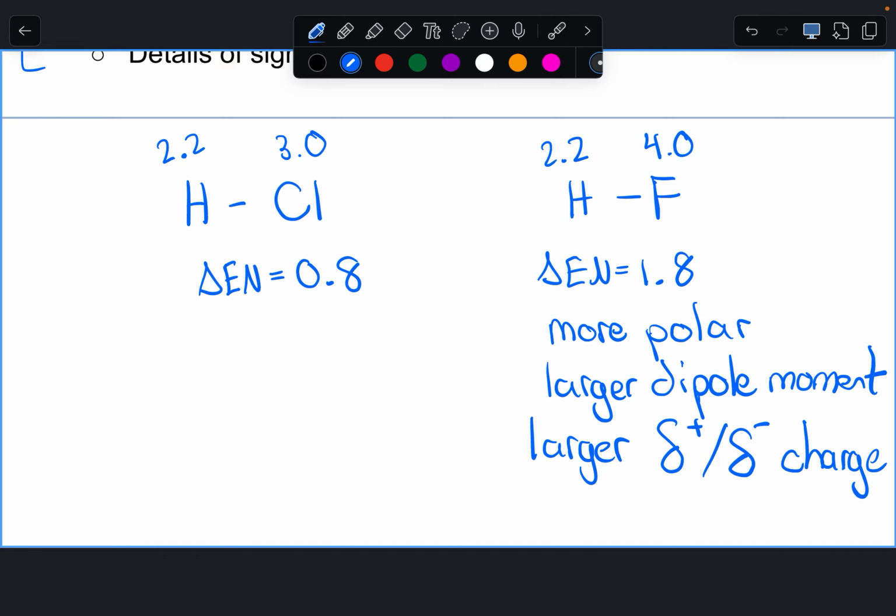And then making sure that you remember the visual way that we represented these. So if you're drawing an actual arrow for a dipole moment, that would be physically bigger on HF.